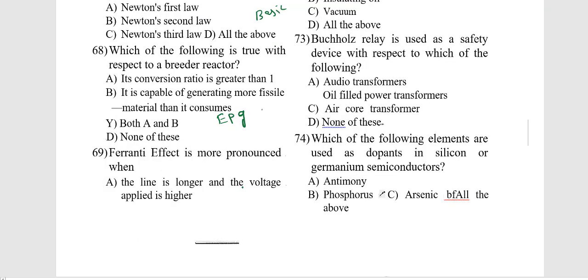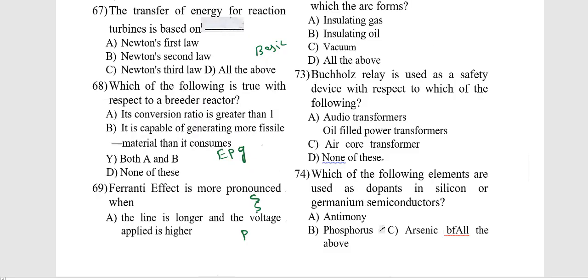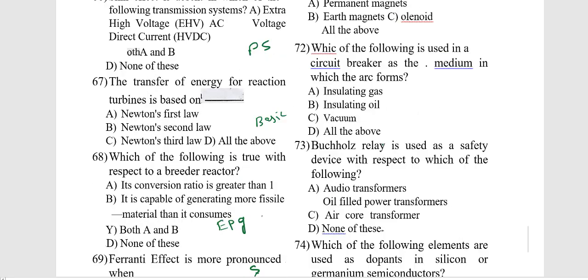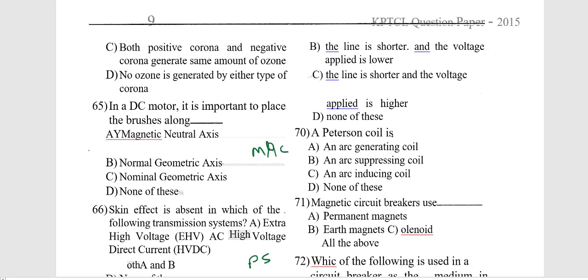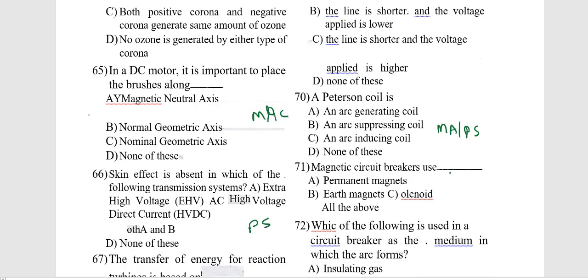Ferranti effect is more produced when, again power systems. Peterson coil, this belongs to machines or power system. Peterson coil is actually present in power system security, so let's consider it as power systems only.